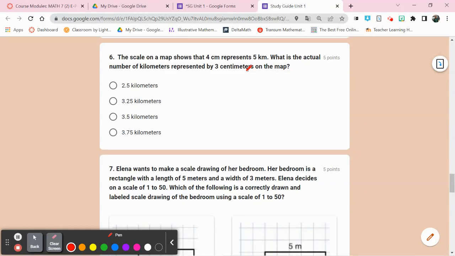So let's get our scale. We take the second number over the first, 5 over 4. Since we're going forward, we're going to multiply it by our distance. 3 times 5 on top is 15. 1 times 4 is 4 on the bottom.